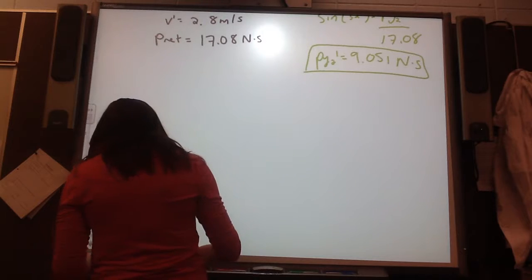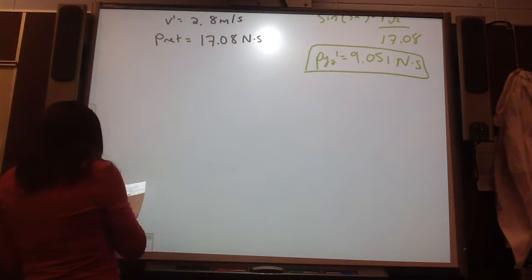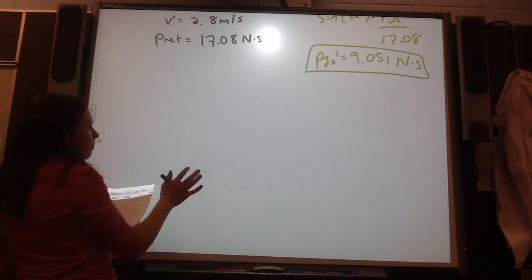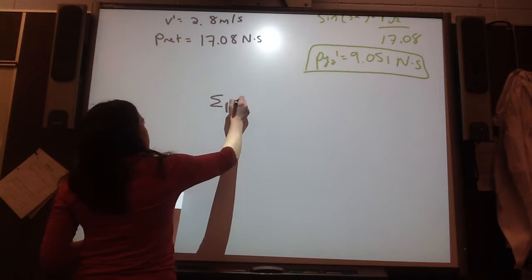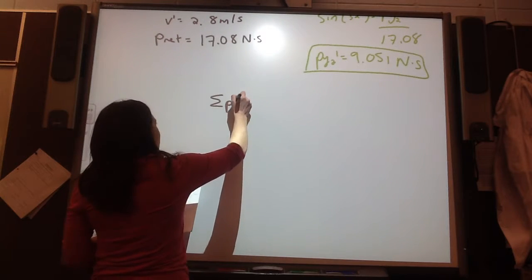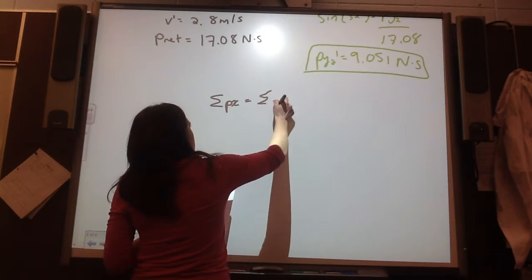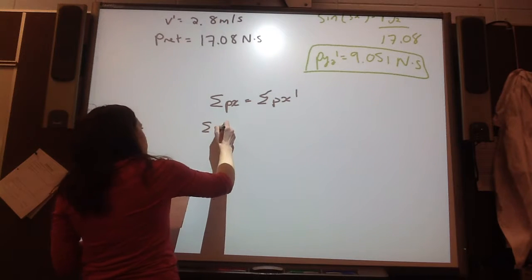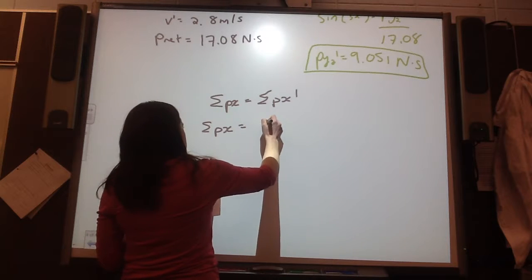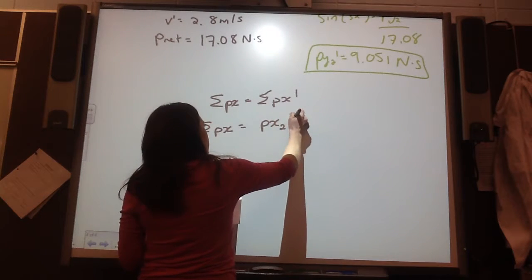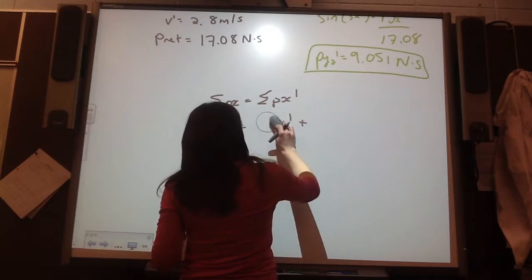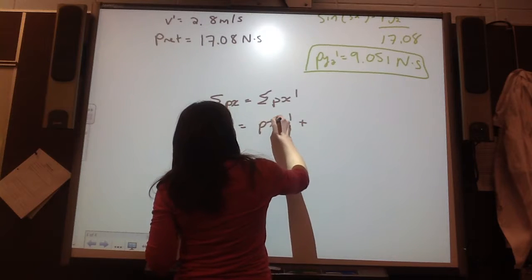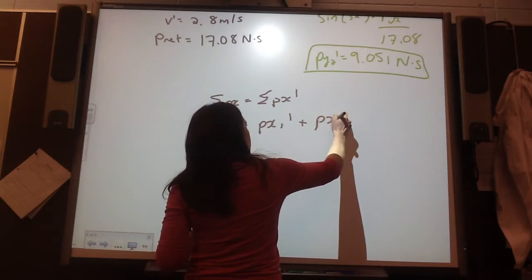It's blank on the back. Okay, so here's the next part, is we take this assumption. The sum of px is equal to the sum of px prime. So the sum of px was equal to our px1 prime plus px2 prime. I'll just go in order.